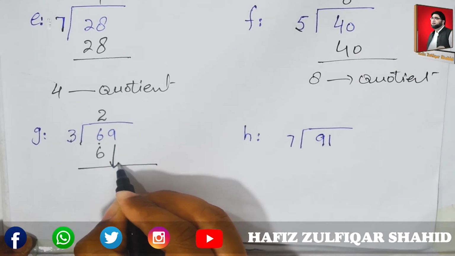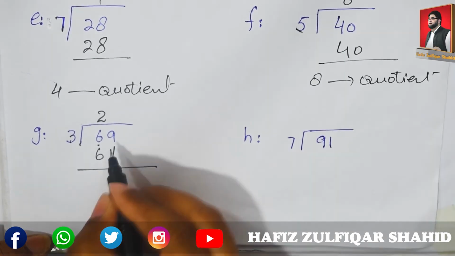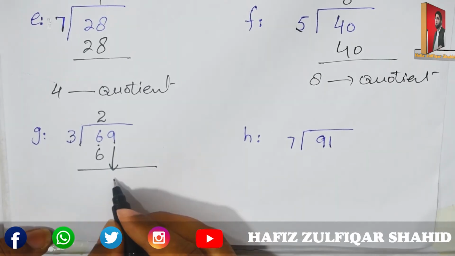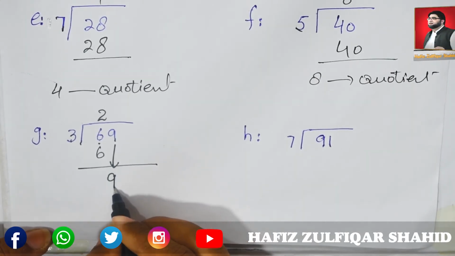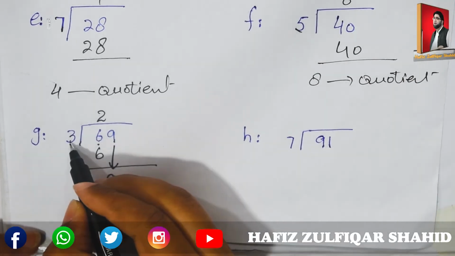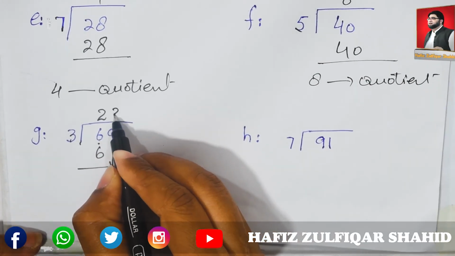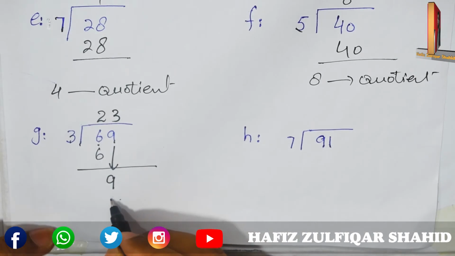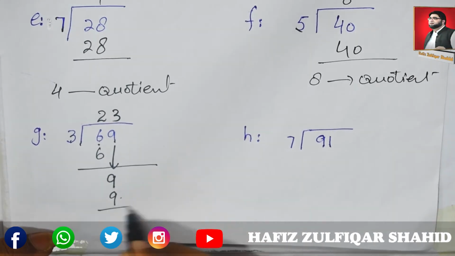Now in second step, shift 9 down the arrow and now solve 9. Divide 9 in 3s. 3 times 3 is 9.